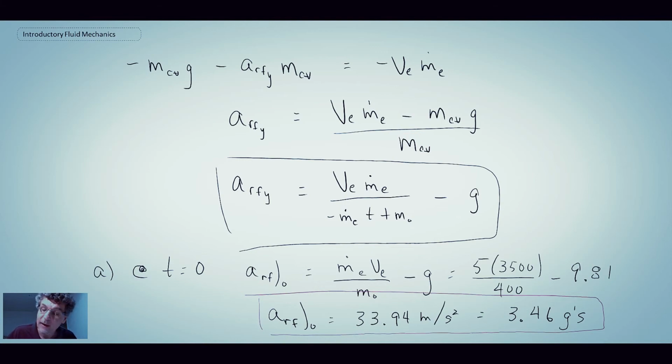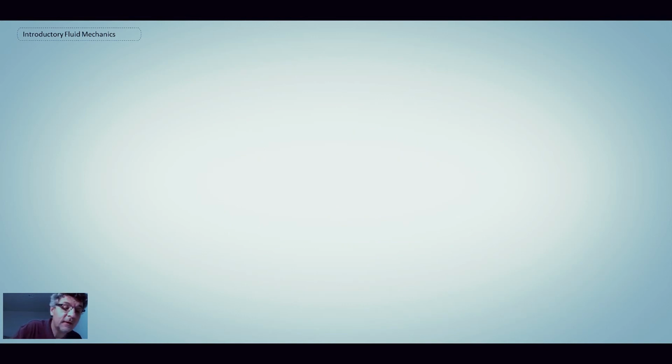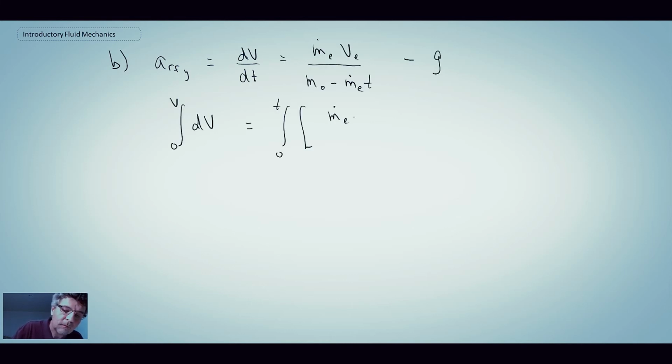And the second part we were asked to find was the velocity as a function of time. And so for that, we will integrate the acceleration expression. And upon integrating this, we end up with the following relationship or expression.